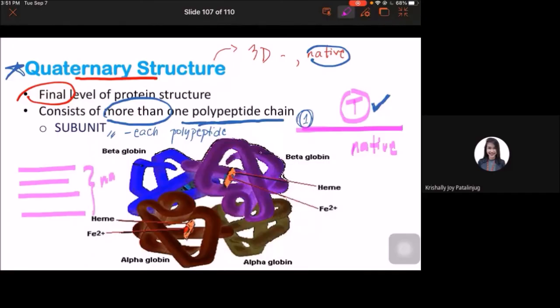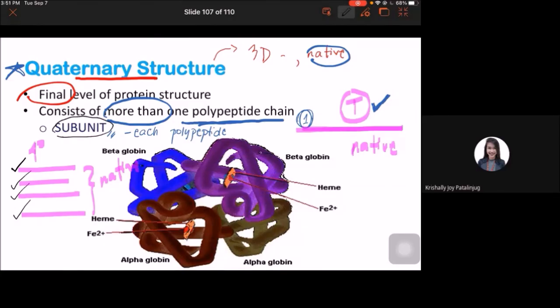Then native yung protein, so quaternary structure na to. Ang tawag natin sa per polypeptide chain dyan is subunit.